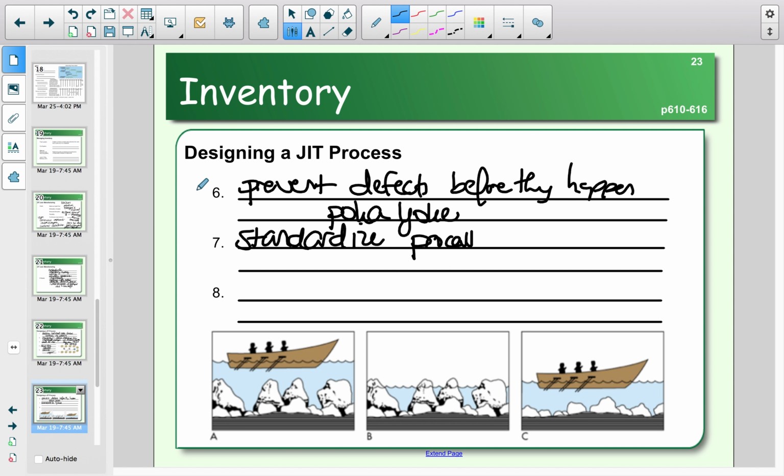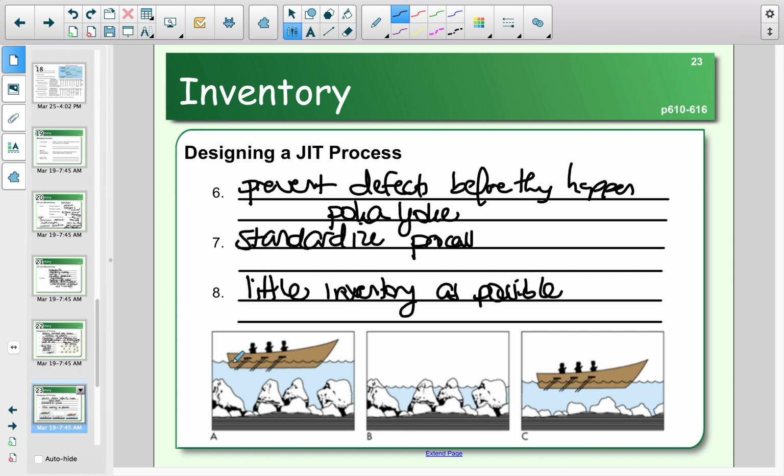And finally, when it comes to designing a just-in-time process, we want to have as little inventory as possible. Traditionally, inventory serves as a buffer, protection against inefficiency, against defective products.